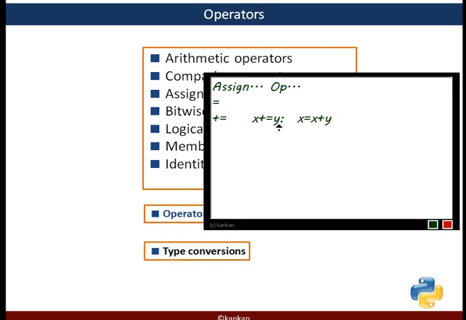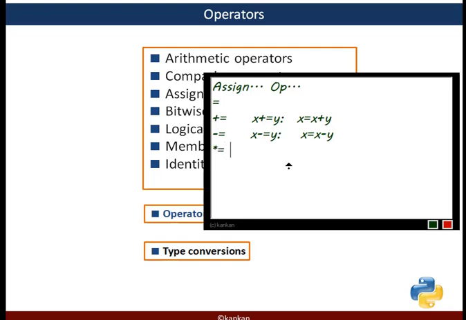Similarly, if you write minus equals, it can be expressed as x equals x minus y.